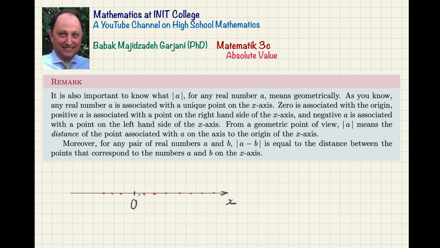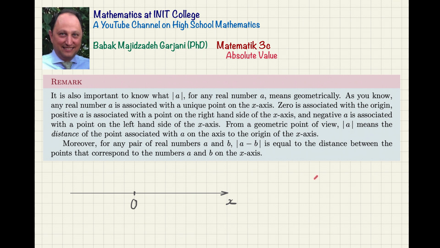But we know how to associate real numbers with the points on the x-axis. For example, 0, which is a real number, is associated to the origin.